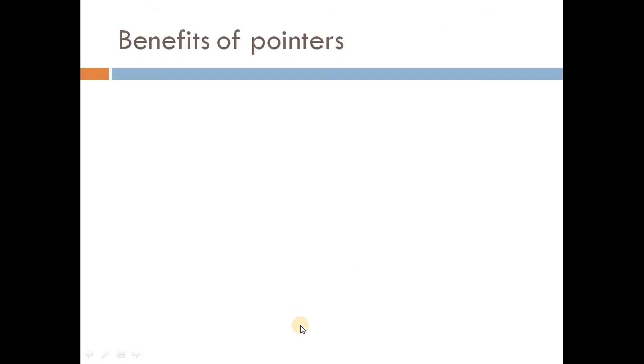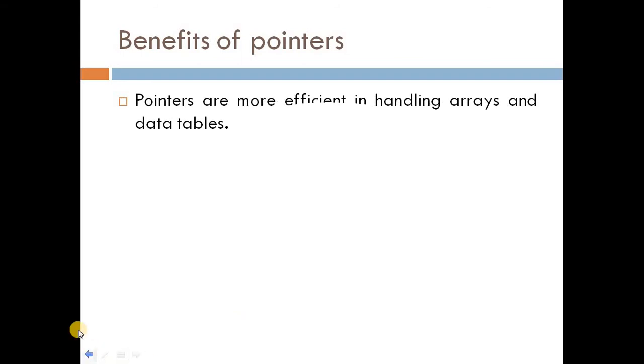Okay. Next we shall see the benefits of pointers. Pointers are used frequently in C as they offer a number of benefits to the programmers. They include, first, pointers are more efficient in handling arrays and data tables.